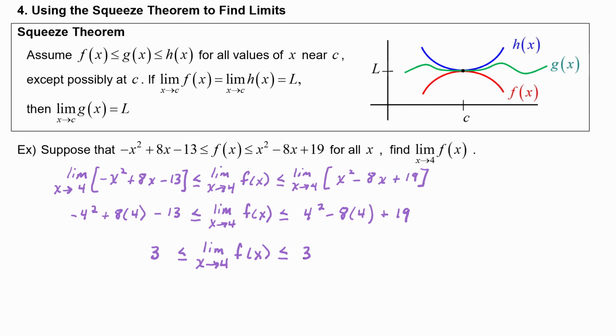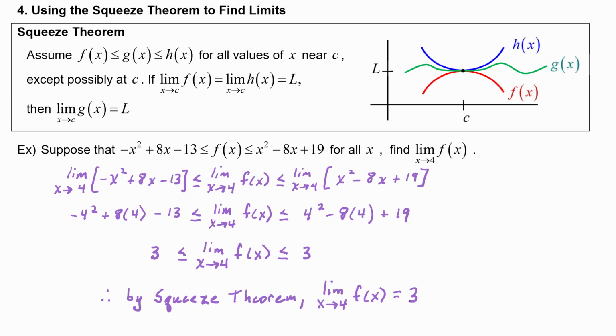So notice what's true here. Even though we can't evaluate this limit directly, we know that it has to live between 3 and 3. So therefore, by the squeeze theorem, the limit as x approaches 4 of f of x has to equal 3.